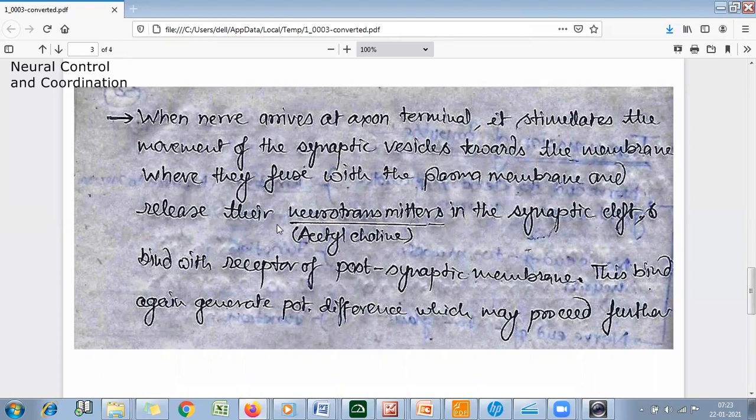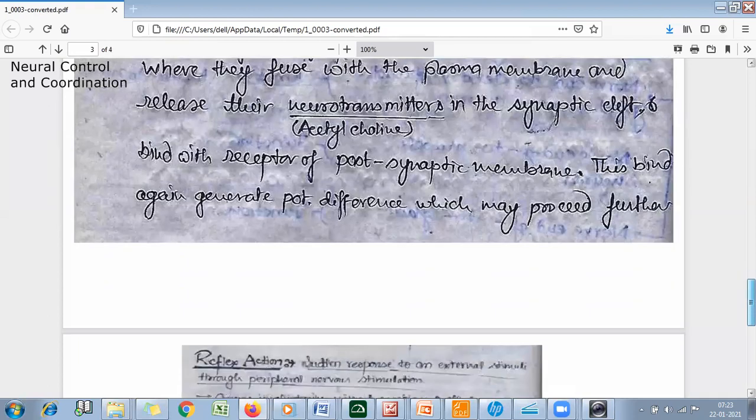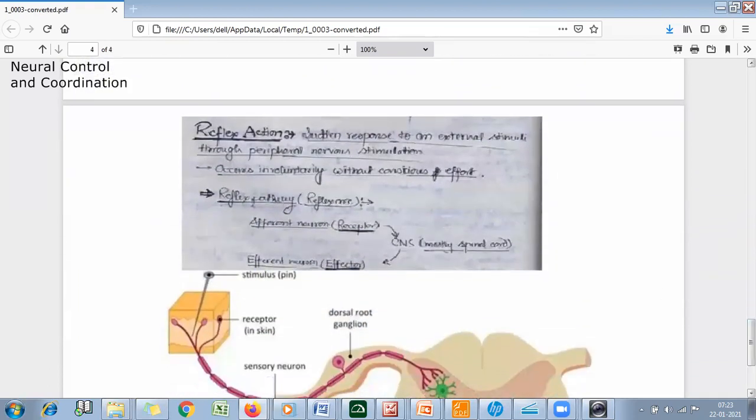Here the neurotransmitter is acetylcholine in the synaptic cleft, and it binds with the receptor present on the postsynaptic membrane, and it binds again to generate a potential difference, which may proceed further. So whatever I have said before is the repetition of that. Now we will talk about the reflex action.